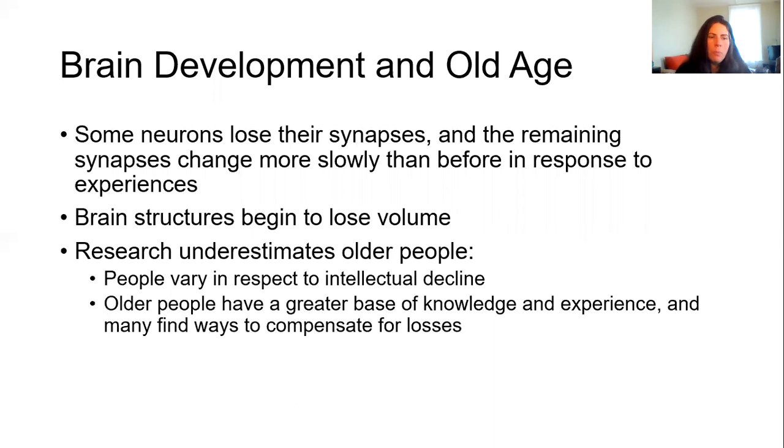And we'll talk about this more when we talk about plasticity in our next module. We're going to talk about the ability to use other skills, other areas of the brain to compensate for losses. We also see that individuals who exercise more show less decline than those who do not.